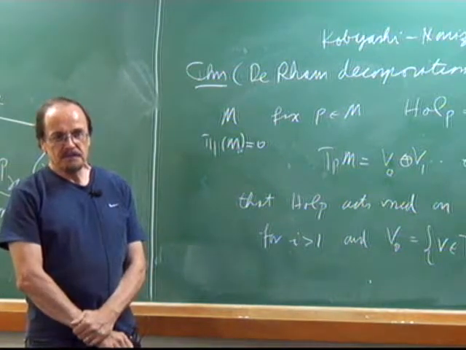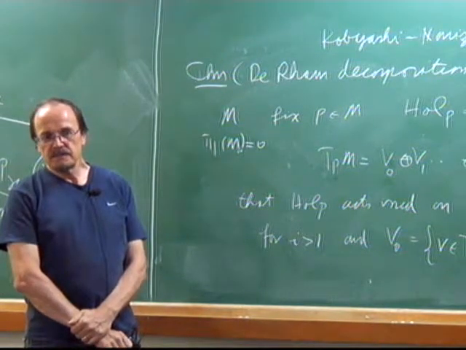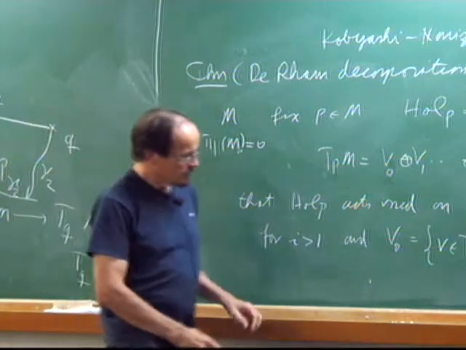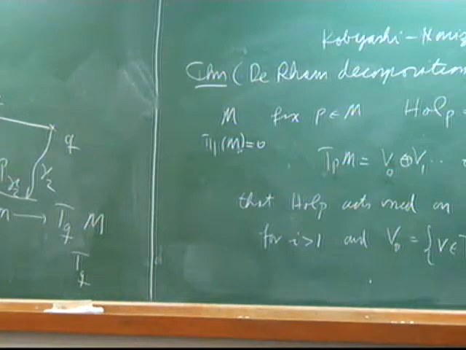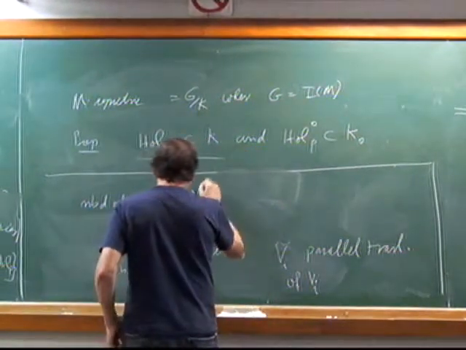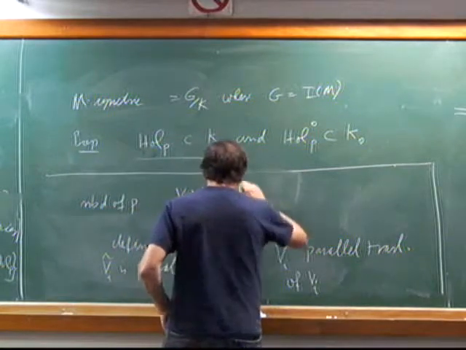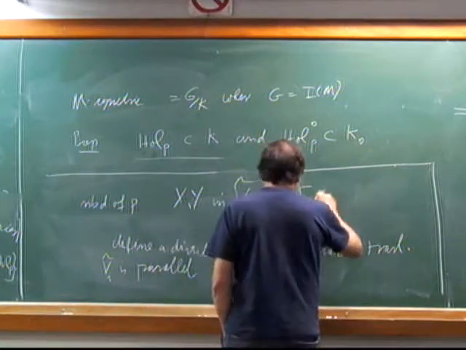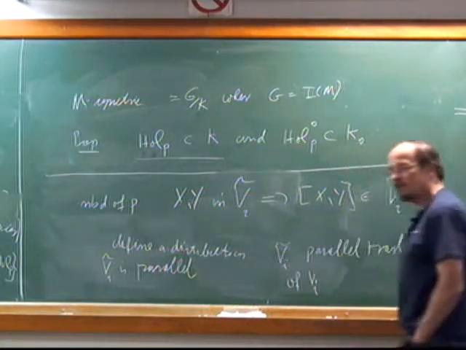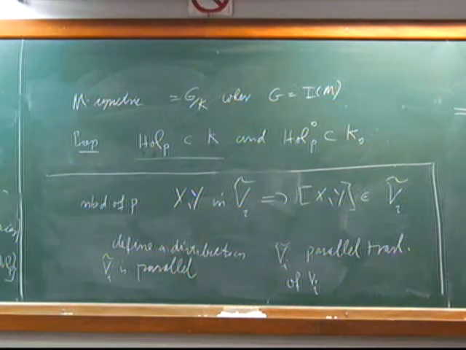But you're restricting the directions in which you want to differentiate. So why does a Lie bracket lie in it, right? So we have to prove that if X and Y are vector fields in V_i tilde, I have to show the Lie bracket lies in it. That's what involutive means. So why is that?